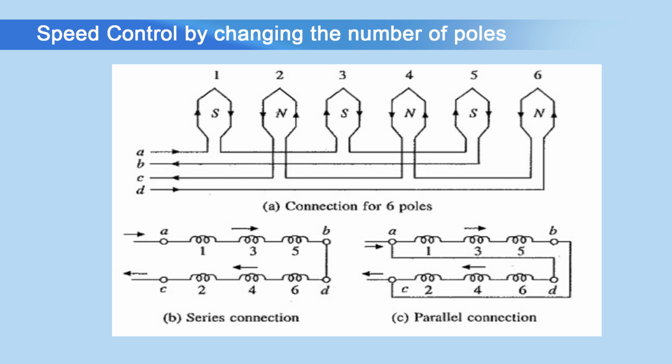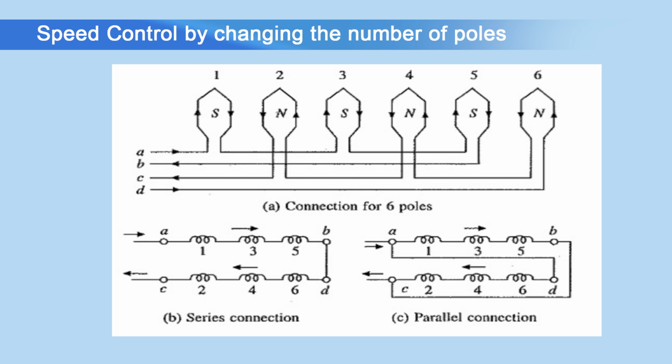Now, in second set we are having coil number 2, 4 and 6. Remember, this time current is entering from D, not from C. So, from D it is coming to coil number 6, right side of the coil 6.